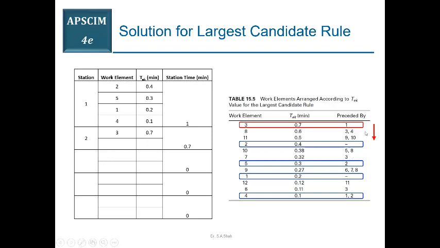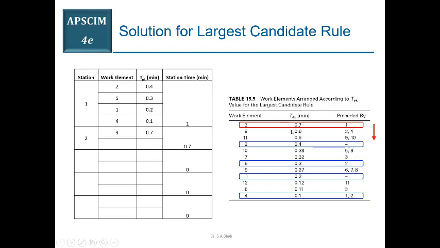So now again starting from the top of the table, the next available element is work element number 8. उसका predecessor अगर आप देखें तो 3 और 4 है. So we have assigned third and fourth element. So precedence requirement आपकी fulfill हो रही है, but if you look into the time slot, this operation has a processing time of 0.6 minute, which cannot be assigned to this workstation because the available slot is 0.3 minutes.